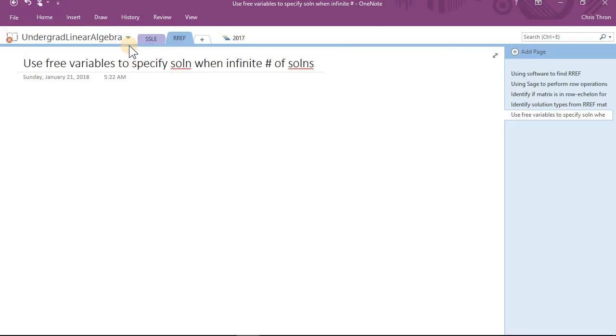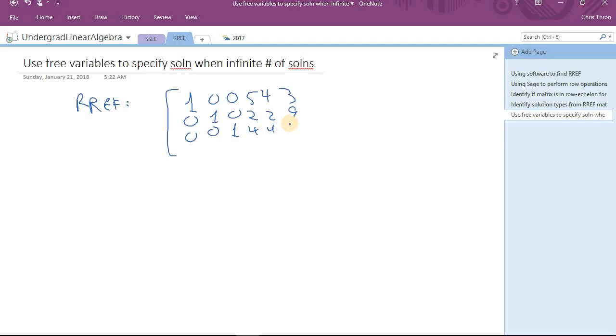All right, so suppose my REF looks like this. Okay, I'll have 1, 0, 0, 5, 4, 3, and then you'll have 0, 1, 0, 2, 2, 9, and then here I'll have 0, 0, 1, 4, 4, minus 3, and then here I'll just throw in this for jollies, 0, 0, 0, 0.